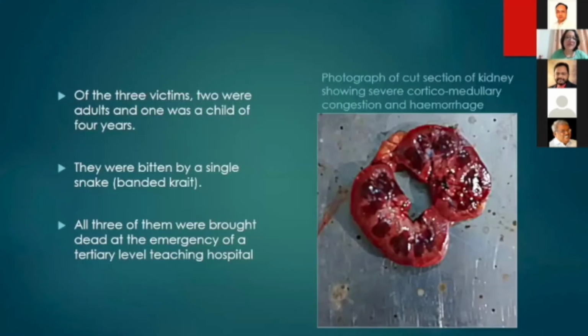Of the 3 victims, 2 were adults. One was a child of 4 years, and they were all bitten by the banded krait, and they were all brought dead to the emergency. It was a tertiary care hospital, but they were all brought dead. And this is the photograph of the cut section of the kidney. This shows severe corticomedullary congestion and hemorrhage.